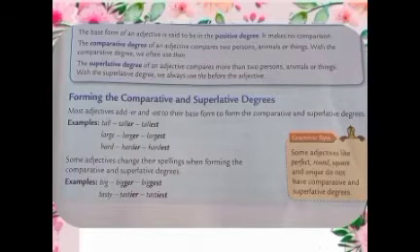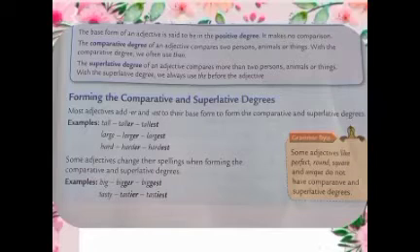Like the adjective tasty. Here, in the comparative degree, we should remove that y. We should remove the y and add ier to get the comparative degree. Tasty will become tastier in comparison, and it will become tastiest in the superlative form.